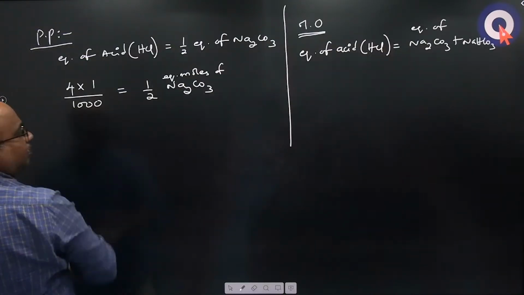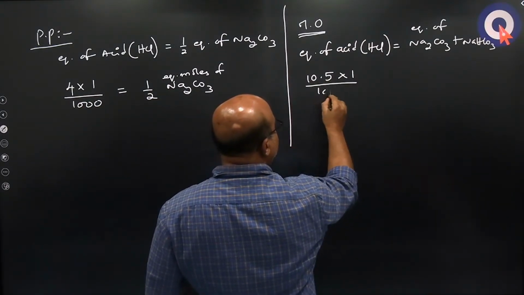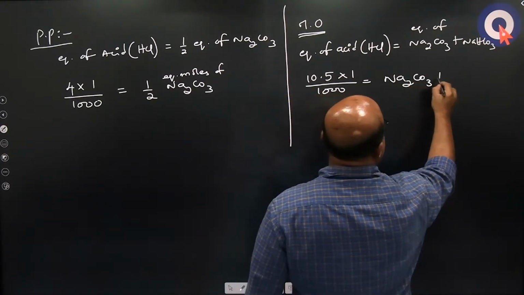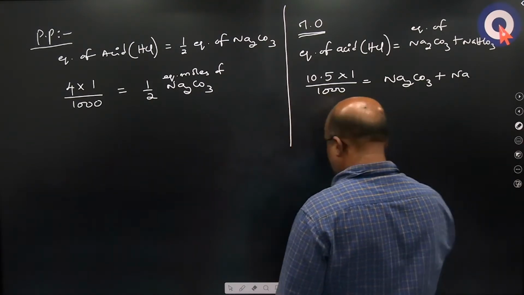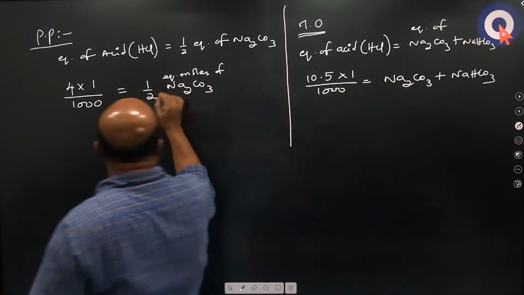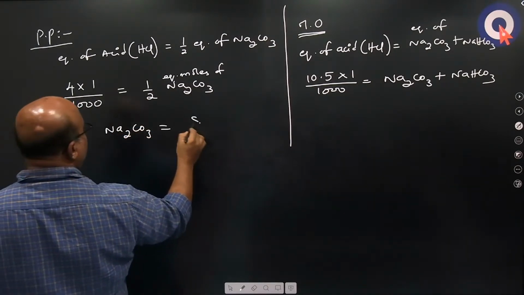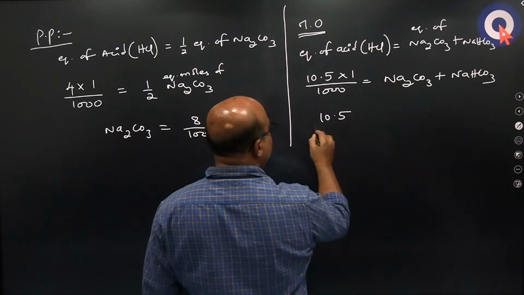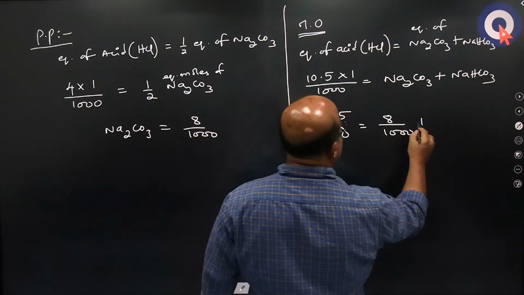So it is 10.5 into 1 by 1000, which is equal to Na2CO3 plus NaHCO3. We can get Na2CO3 from here, it is 8 by 1000. So 10.5 by 1000 is 8 by 1000 plus NaHCO3.